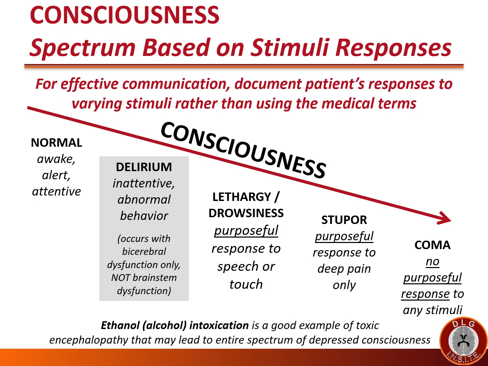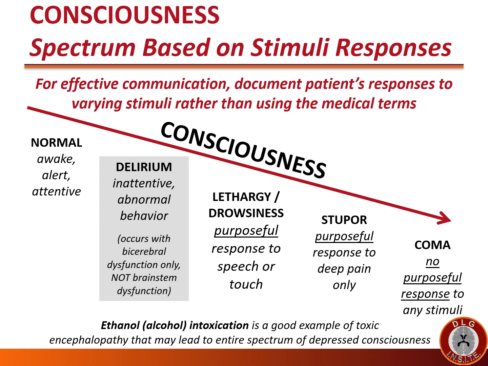That's called stupor. I think one way to think about this in your mind is to understand how ethanol or alcohol intoxication affects consciousness. It's a good example of a toxic encephalopathy that can lead to this entire spectrum. Before drinking, you have normal consciousness. You drink a little bit and you get so-called tipsy. Now, tipsy is delirium.